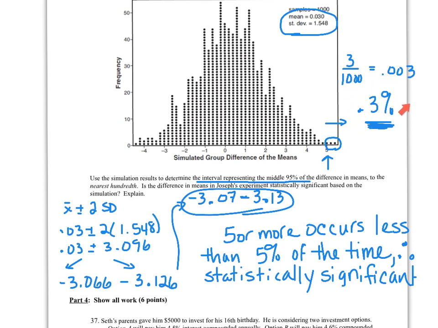But because our percent here is so small, the chances of being all the way up here is not very large. So that number 5 or higher is going to occur less than 5% of the time. So that definitely makes that statistically significant. That's like a standout figure, so to speak.